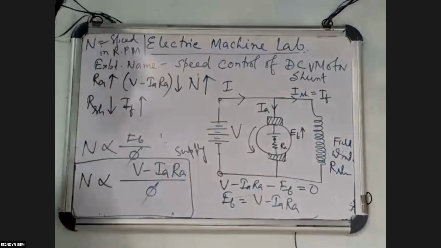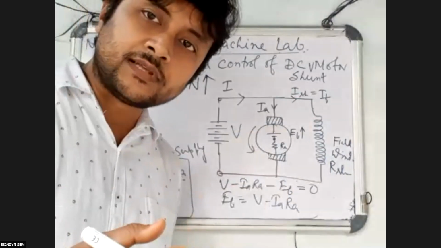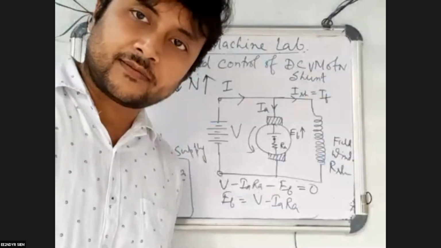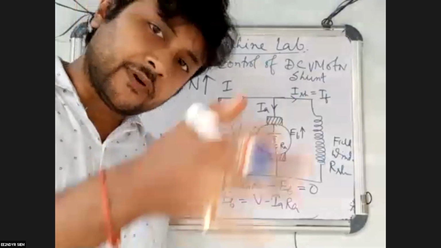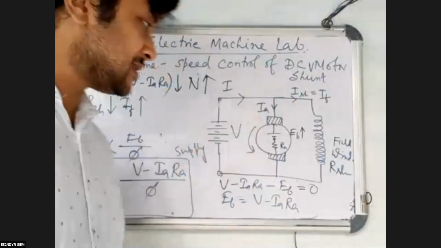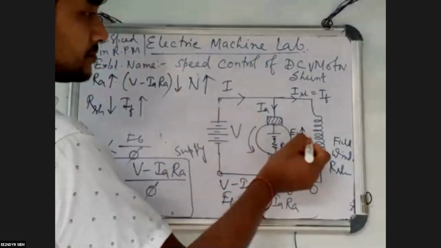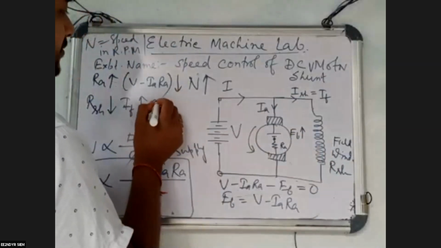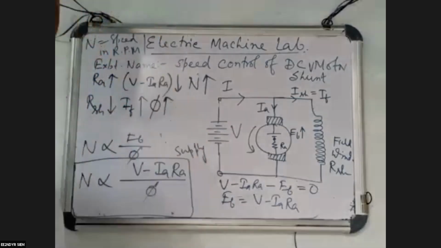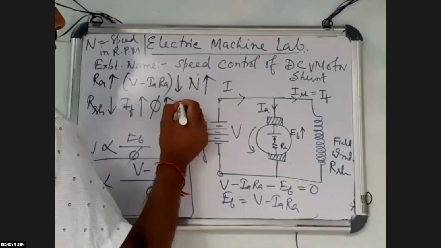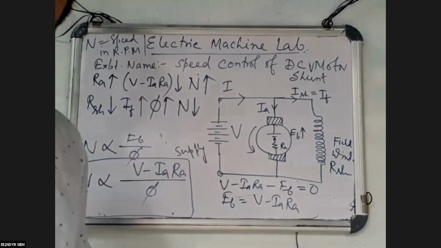That means the current flowing through the electromagnetic field increases. If it is before the saturation of the ferromagnetic material, in that case the flux will also increase. If the flux increases, then the speed decreases.